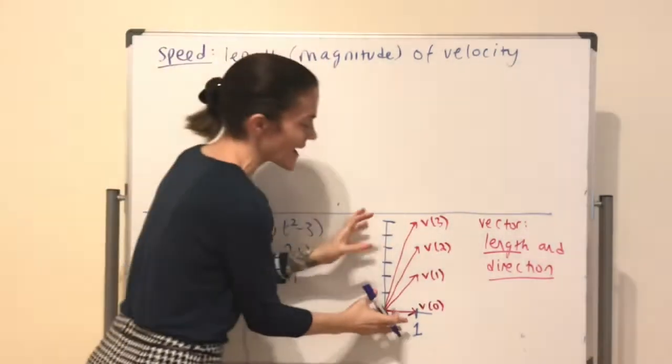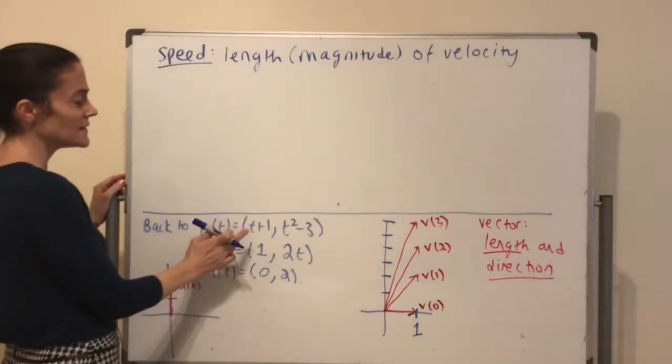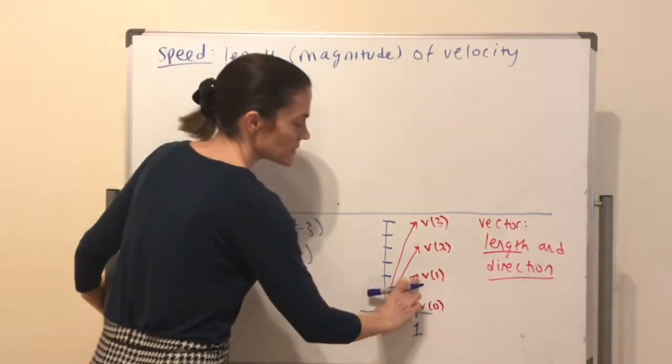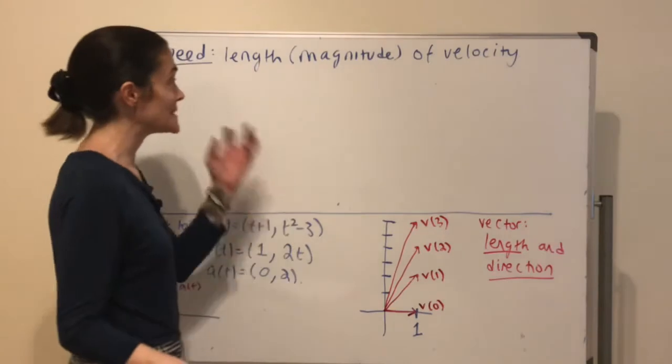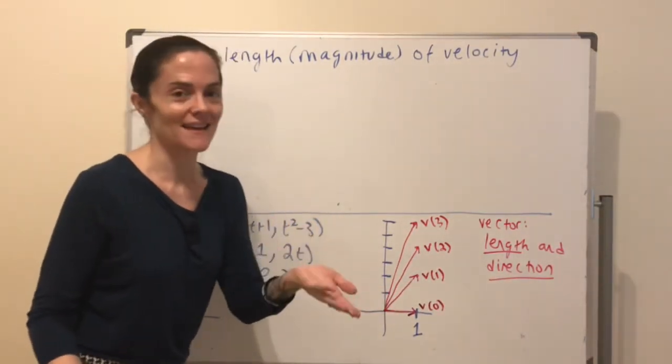So you see here I have graphed 4 of them for this particular position function, but you see they all have different lengths. Well, they all have different directions too, but speed is the length, and length is a non-negative number.